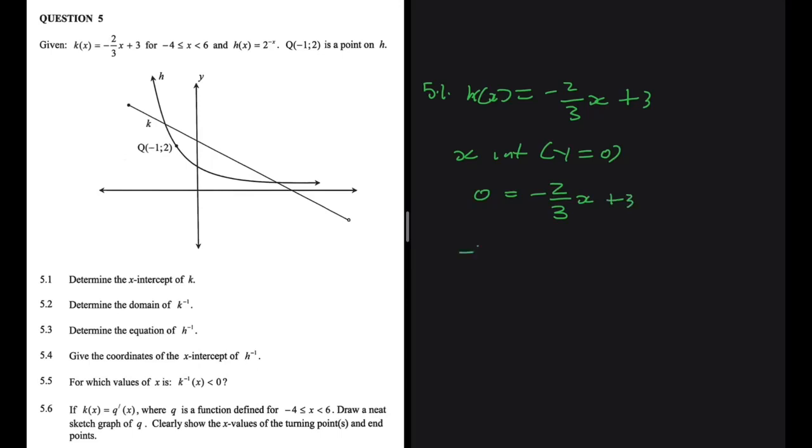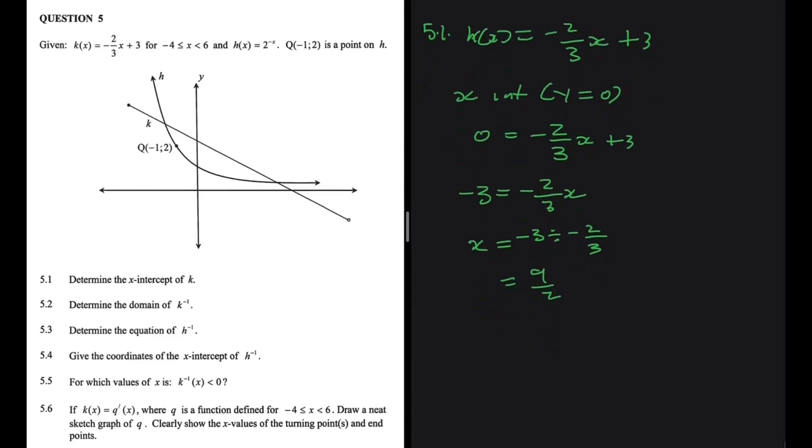So we're going to get minus 3 being equal to minus 2 divided by 3x. So we're going to have x being equal to minus 3 divided by minus 2 divided by 3. If you put that in your calculator, you should get x is equal to 9 divided by 2, or x is equal to 4.5, right? It is the same thing. So the coordinates for our x-intercept, we have 9 divided by 2 and 0 for the y coordinate, right?